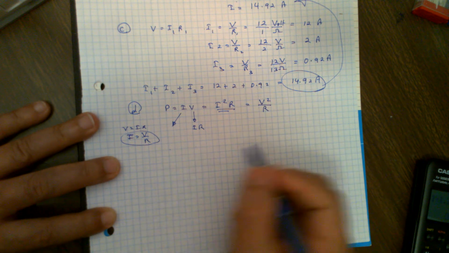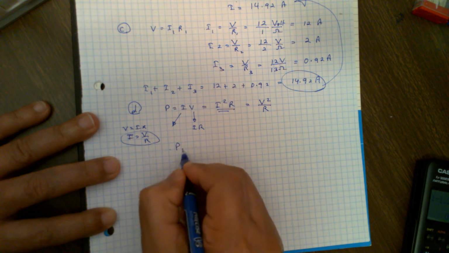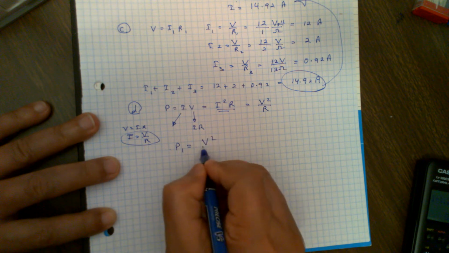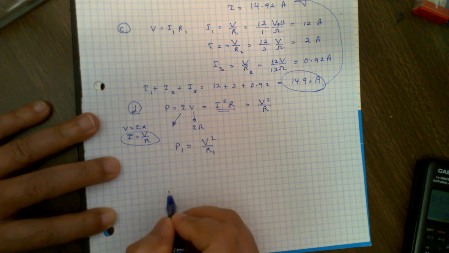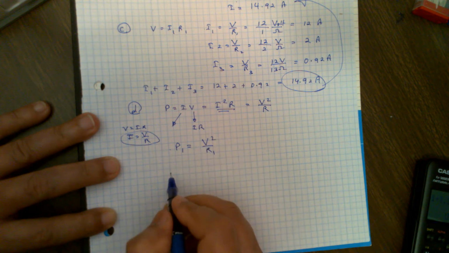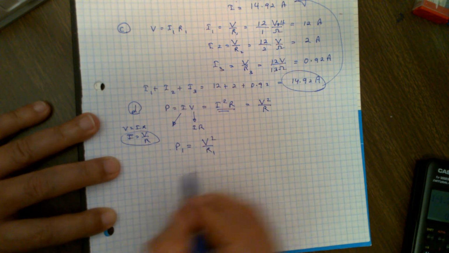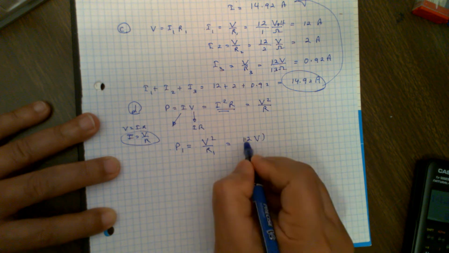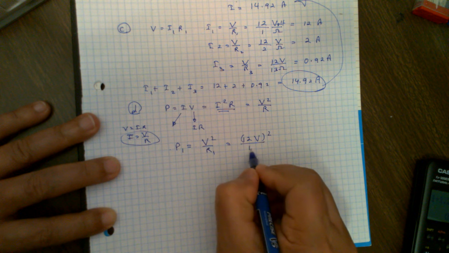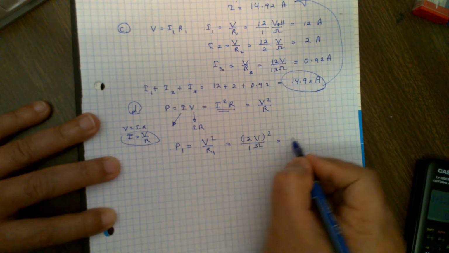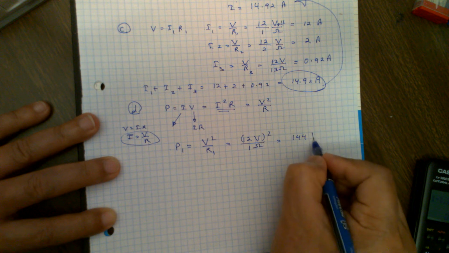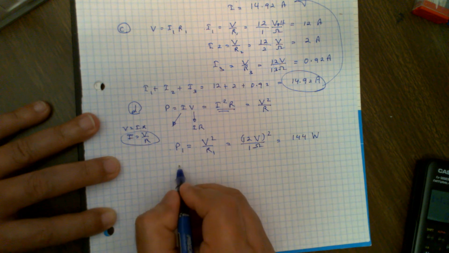So I'm just going to use P1 is equal to V square by R1, and V is the same for all three, so all I have to worry about is R1, and V square is 12 volt squared by 1 ohm, so 12 square is 144, so the answer is 144 watts.